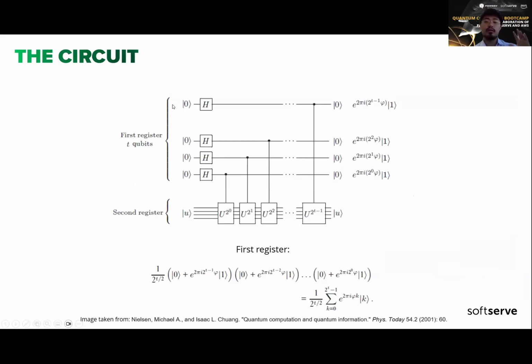And the first register over here is where we are going to do a bulk of our operations. For example, if your quantum computer only has 5 qubits, and your second register and your UCAT only requires 1 qubit, it means you can use the first 4 qubits for the first register and the last qubit for your second register for the UCAT.